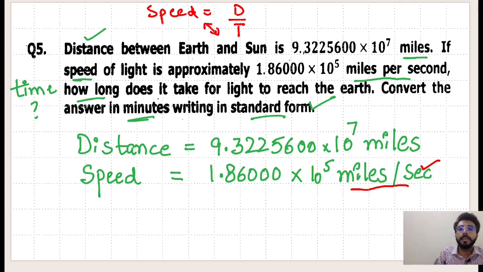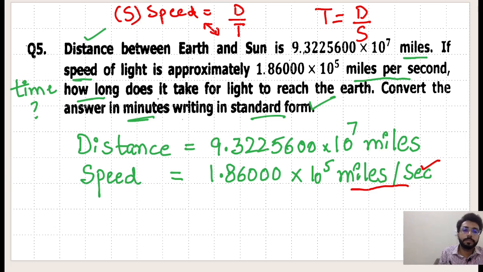T is the time, D the distance. So we have to find time, so divide distance by speed. S for speed, D for distance, T for time. So we have to find the time.